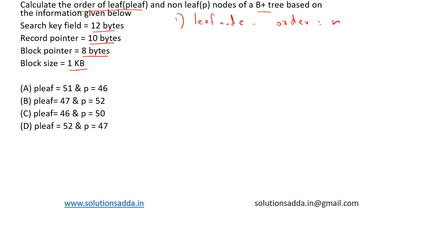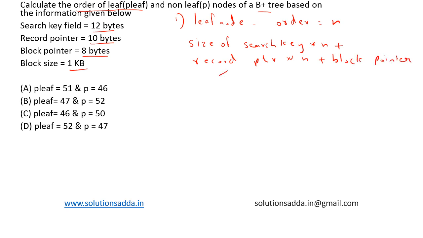Order is assumed as n. So it can be calculated as size of search key into n plus record pointer into n plus block pointer is less than or equal to block size.